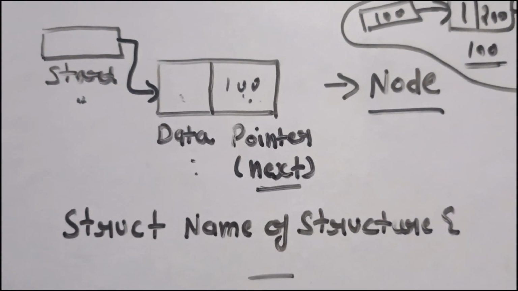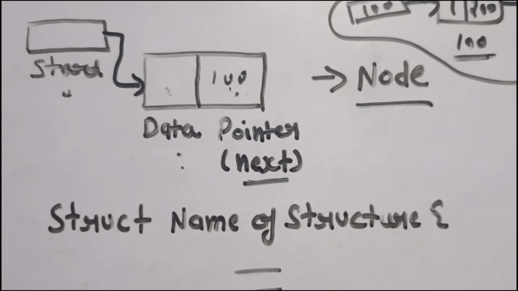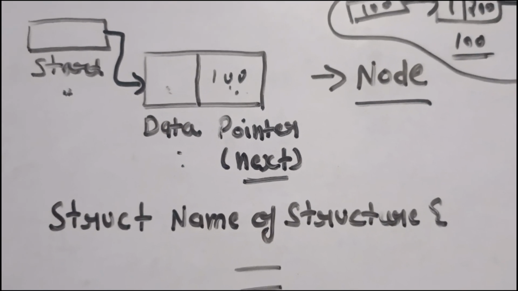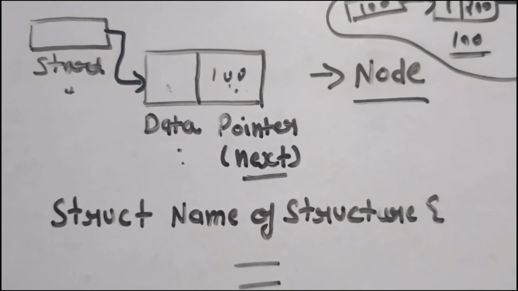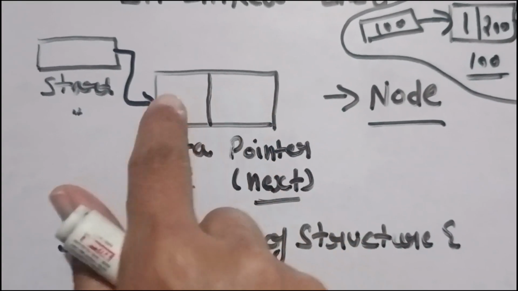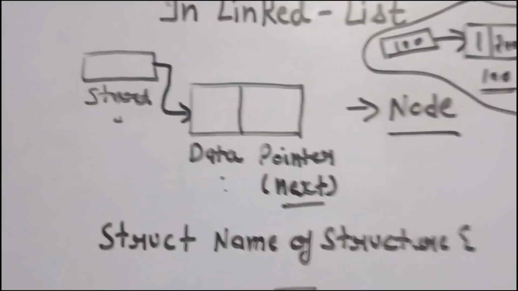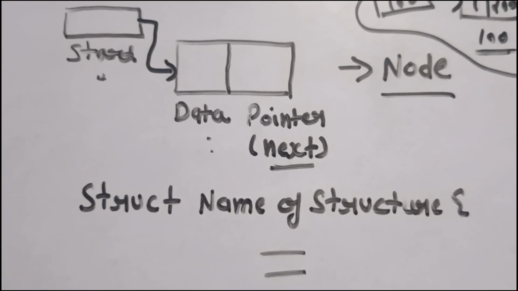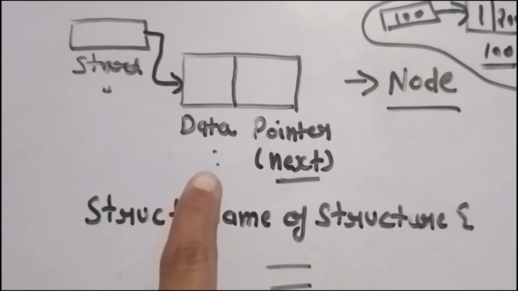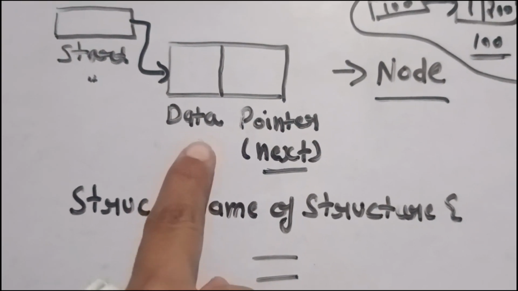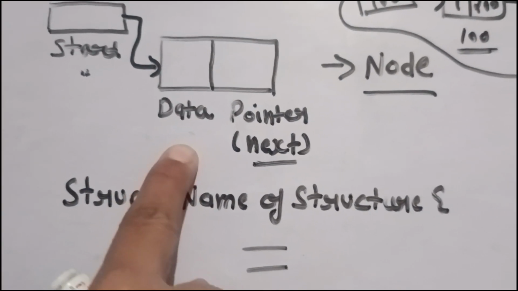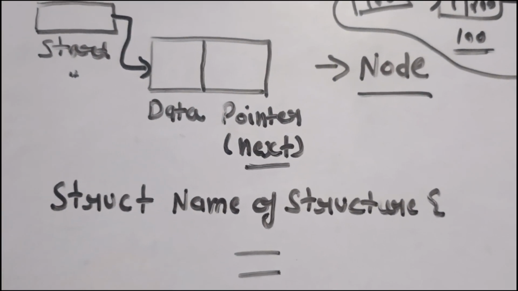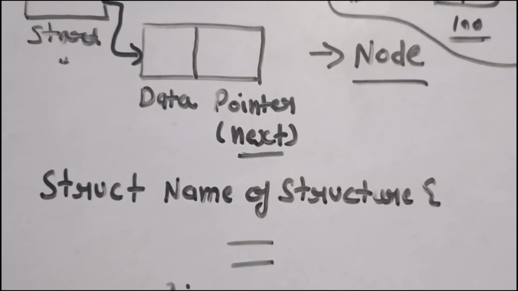When we are using two different data types in a single unit, we use a structure. I hope you already know about structures. We use a structure when we have to use different data types, and here we are going to use different data types. That's why we use a structure while creating a node.